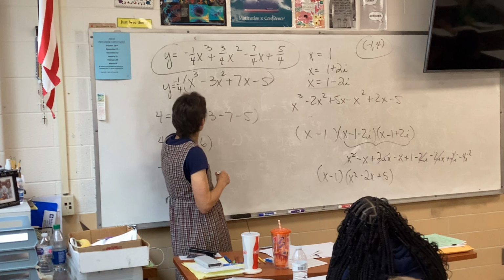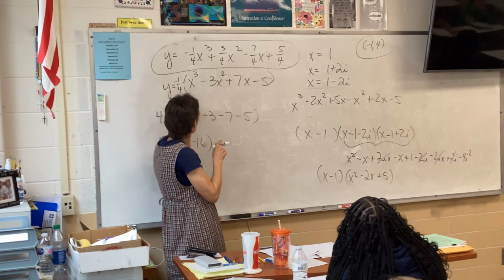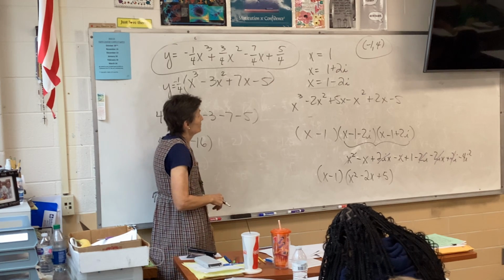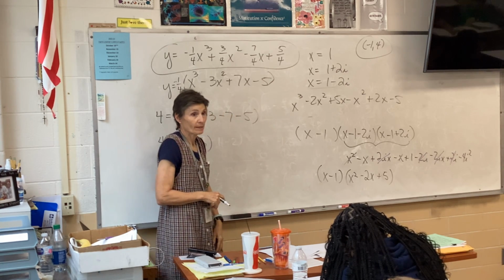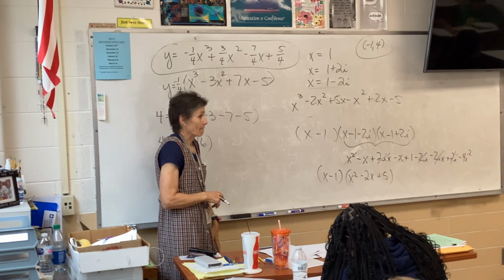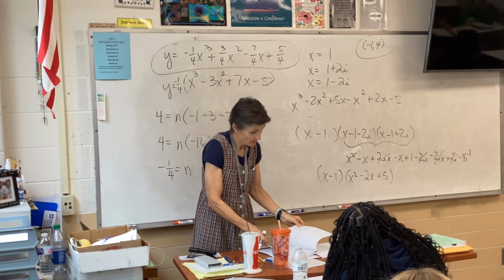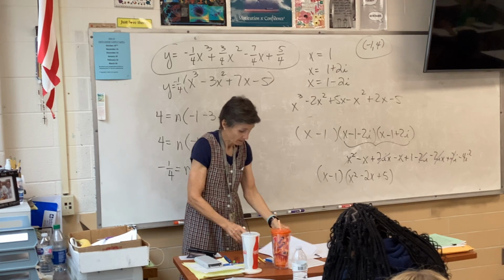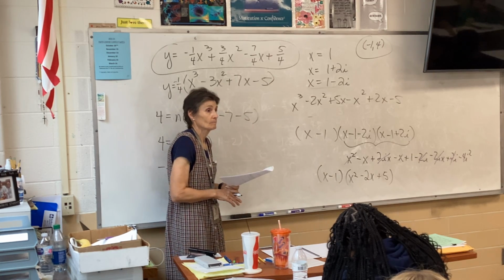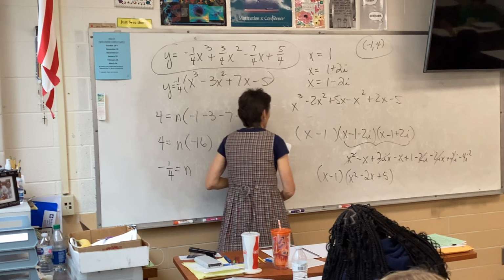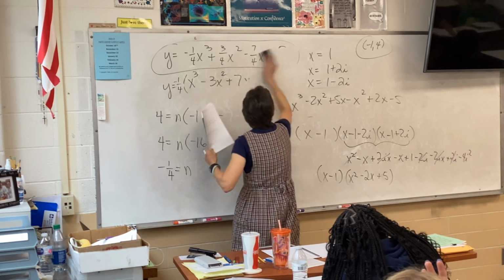Then we plugged in our -1 for our x's and our 4 for our y. We found our n. Okay, you guys have a dazed look in your eye? Let's try the next one. I won't go much longer, I know this is a lot.